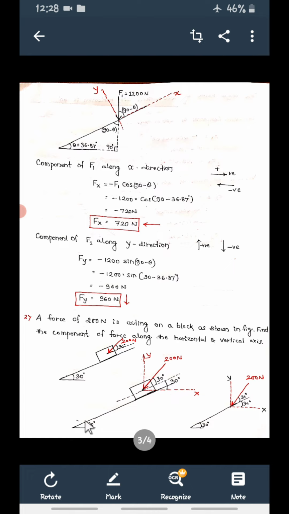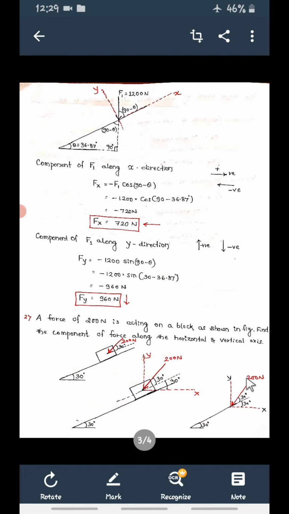Because of alternate angles, this is 30, so this is 30. So what is the total angle made by this 200 with the x-axis? This is given in the problem, 30 degrees, plus this 30 degrees. So the total is 60 degrees. So the angle made by the 200 Newton force with the x-axis is 60 degrees. Okay, it is not 30. This complete angle is 60 degrees.